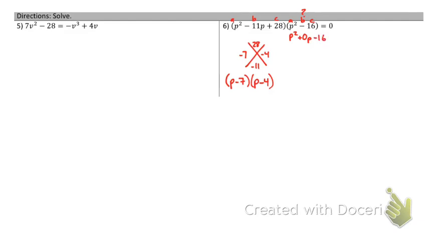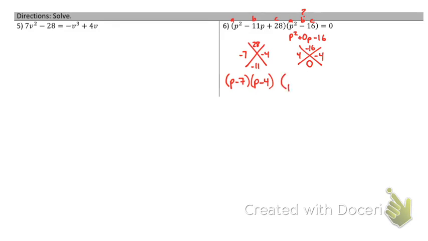Okay, so remember that from last week. So this is really, again, a diamond. A times C, that's negative 16. My B value is 0. What multiplies to the negative 16 that adds to 0? That's going to be 4 and negative 4. Once we have that, let's put it into our parentheses.